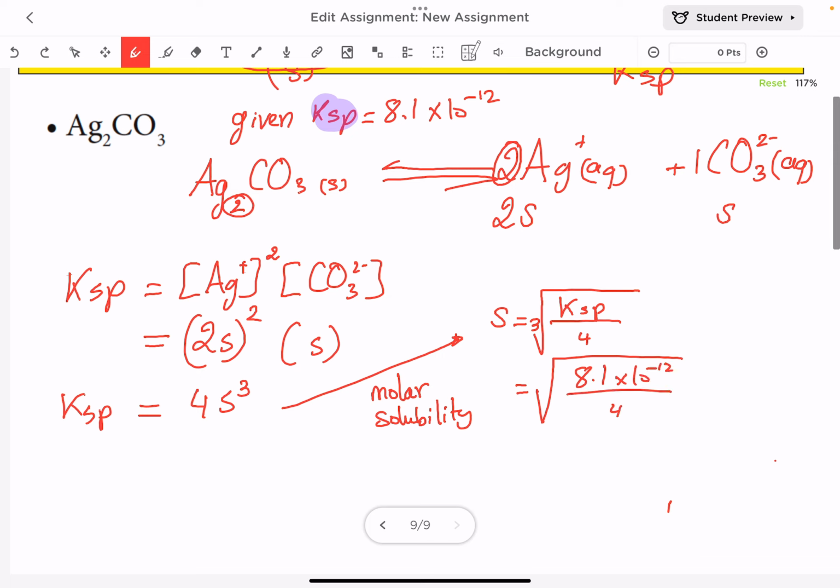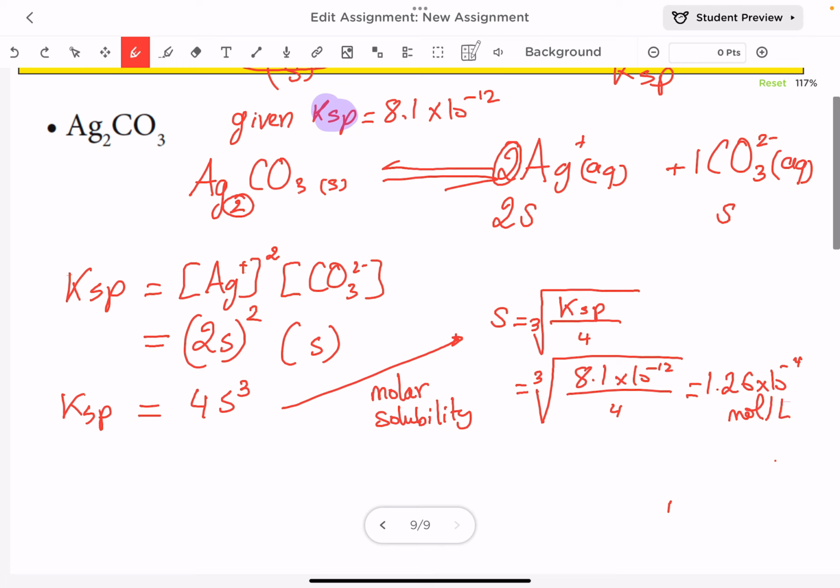I'll divide it by 4 and I'll take the cubic root of this value. So it's going to be the cubic root of 8.1 times 10 to the power negative 12 divided by 4. The answer is 1.26 times 10 to the power negative 4 mole per liter.